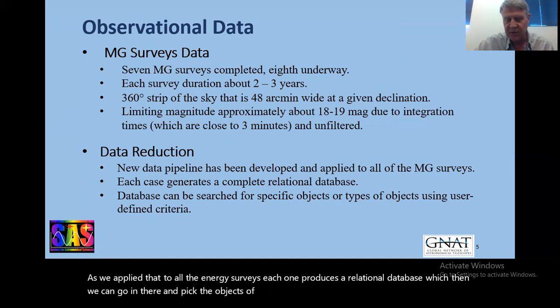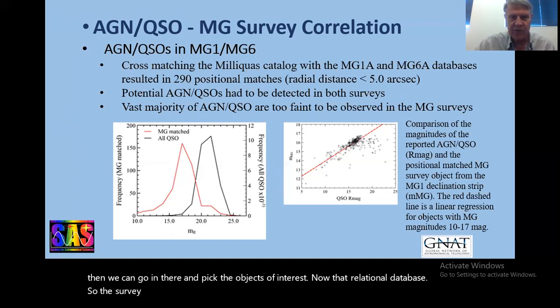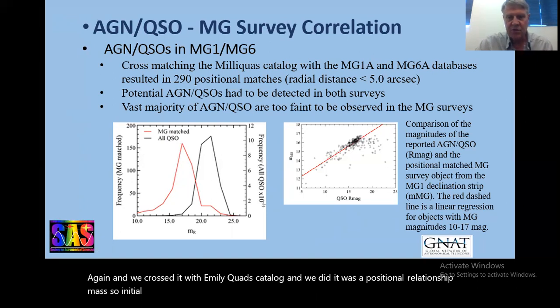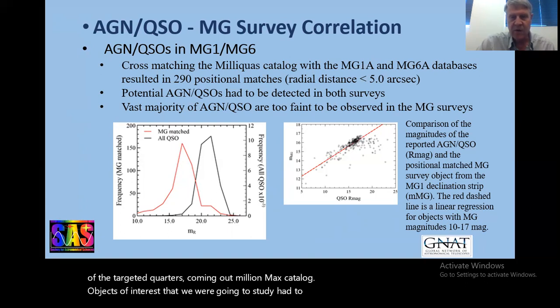For the survey correlation, again MG1 and MG6, we crossed it with the Milliquas catalog, doing a positional match. The initial search produced about 290 positional matches within about 5 arc seconds of the targeted coordinates from the Milliquas catalog. Objects of interest that we were going to study had to be detected in both MG1 and MG6 surveys.